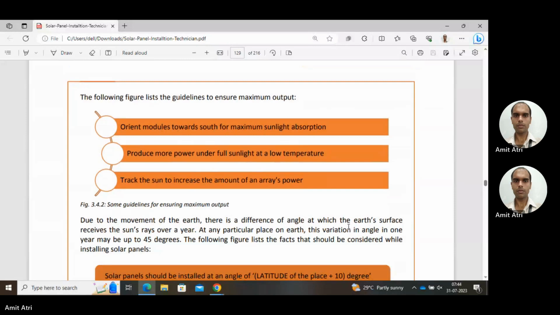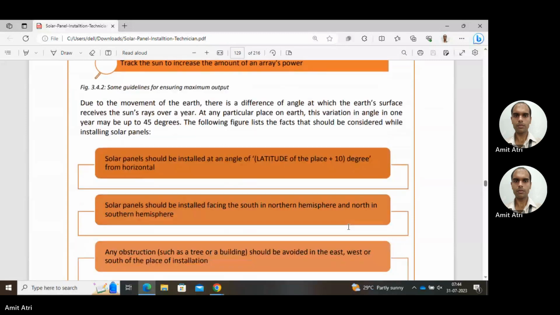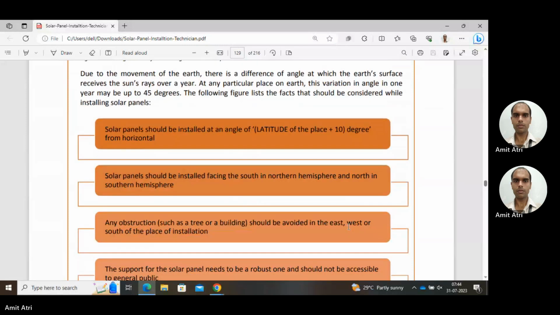Because the incident angle of sunlight on the module directly affects the energy production, the electricity production from the module, the solar panel. Due to the movement of the earth, there is a difference of angle at which the earth's surface receives the sun's rays over a year.